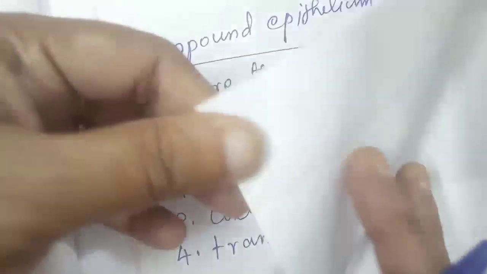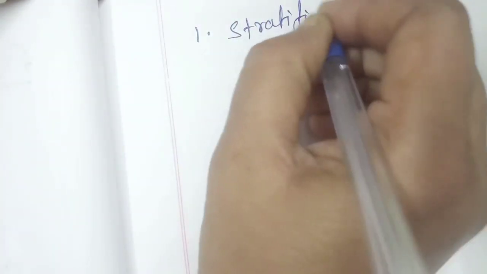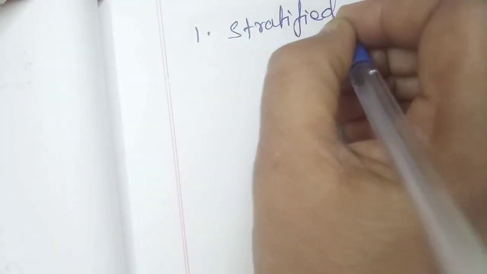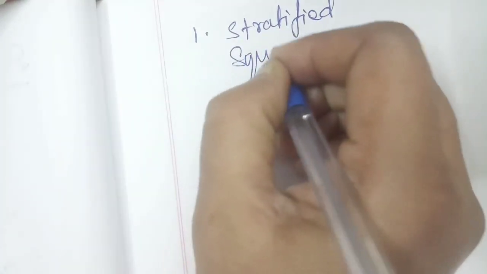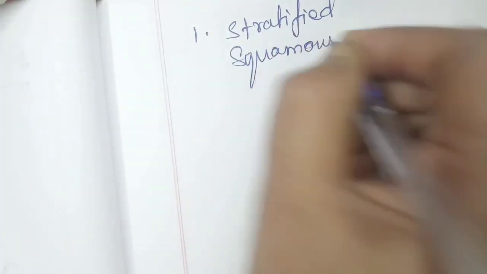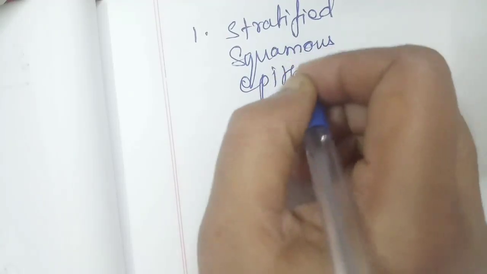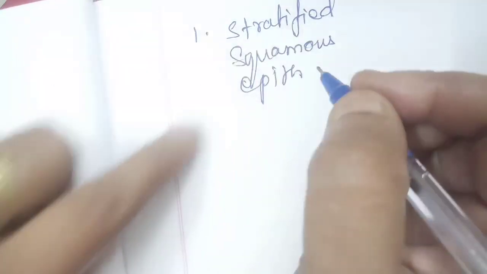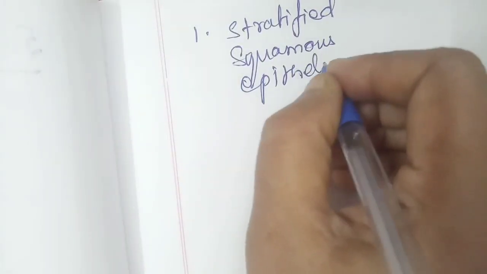First we will see about the stratified squamous epithelium. Stratified means many layers. We have seen what is meant by squamous epithelium in the simple epithelium.